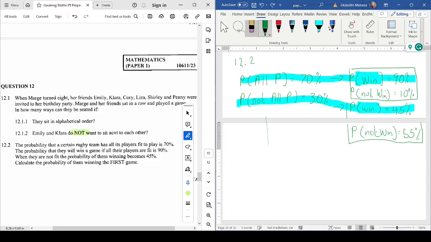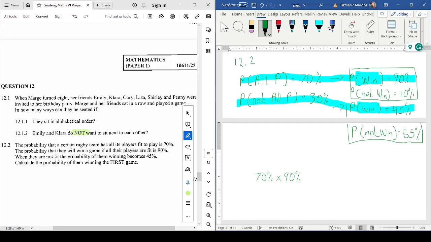So what am I doing? Okay, so the probability then of that, the first one is 70%. I follow this path, which is 70%, times them winning, which is 90%, right?